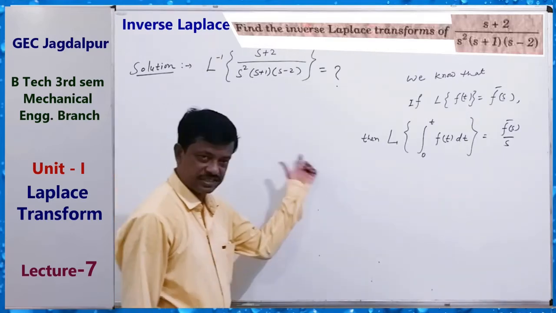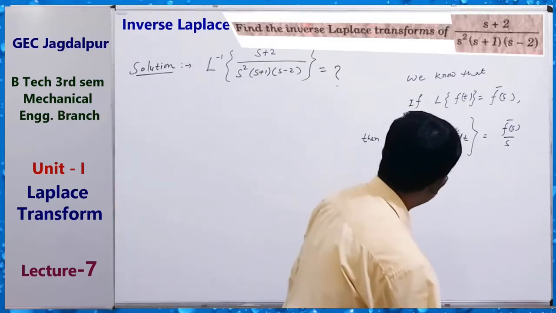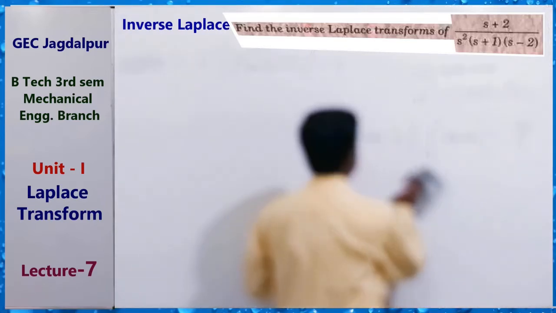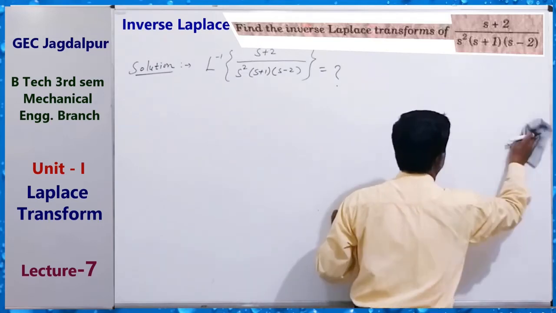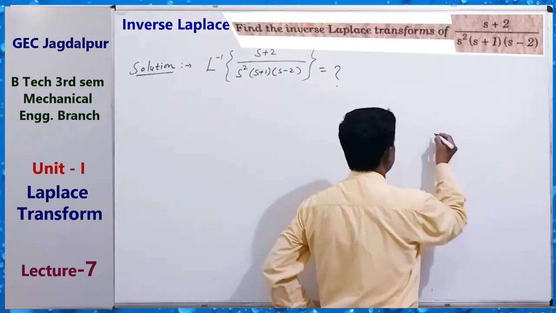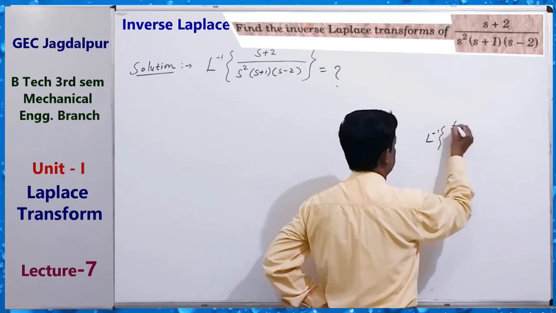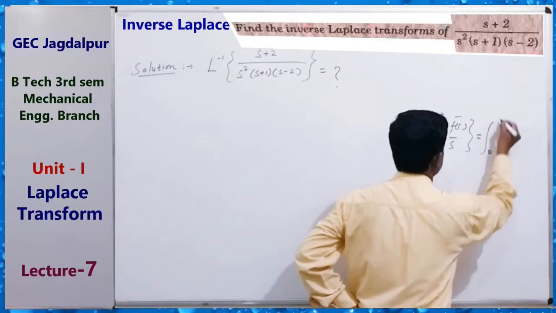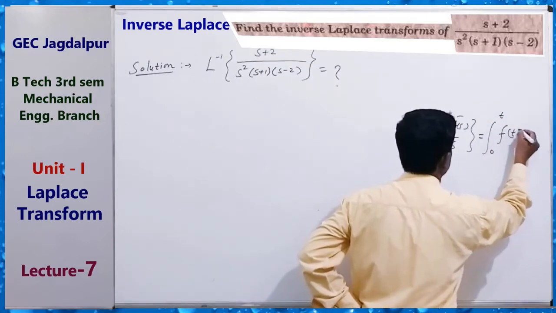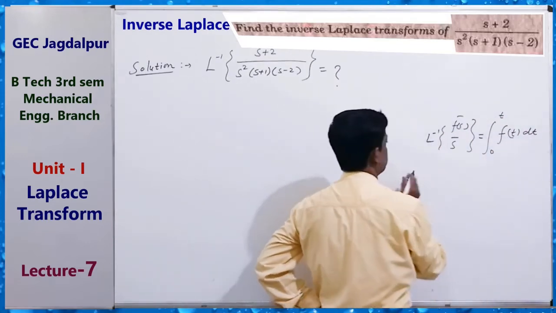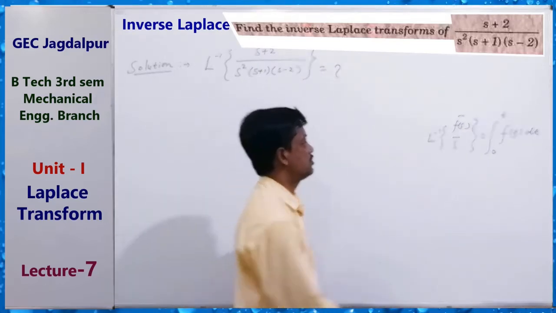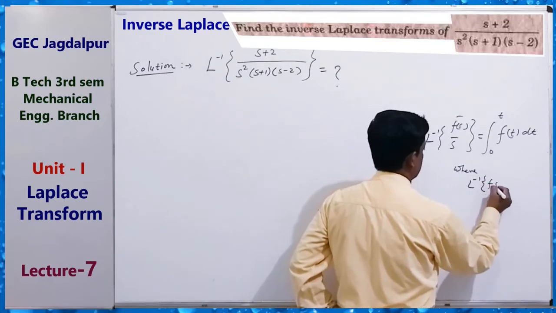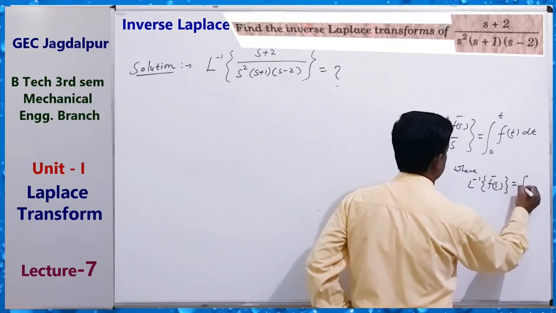Okay, so just the property we discussed, that is what? Using the property: L inverse of Fs bar upon s equals integration 0 to t of Ft dt, where L of Ft equals Fs bar, while L inverse of Fs bar equals Ft.